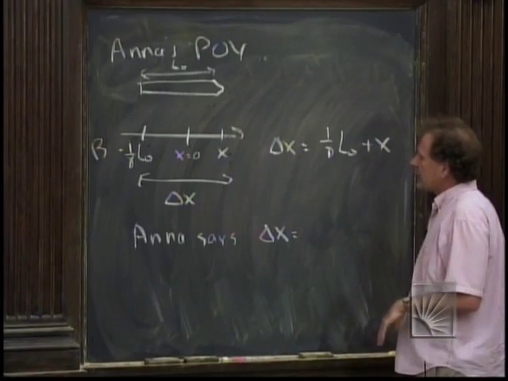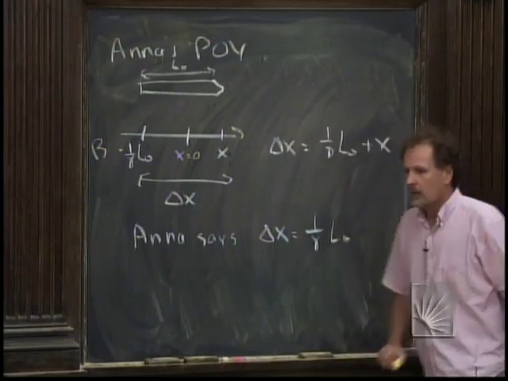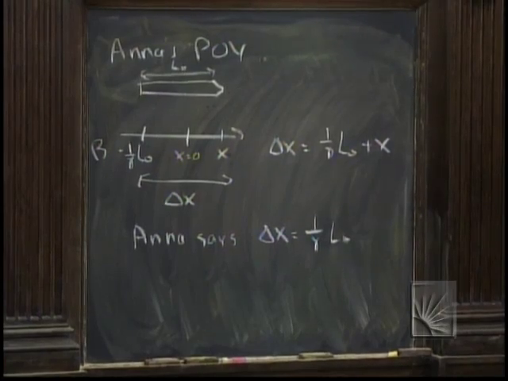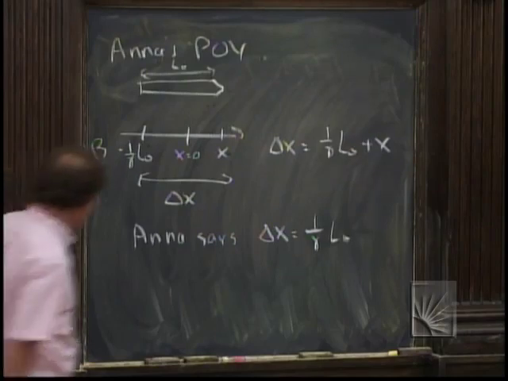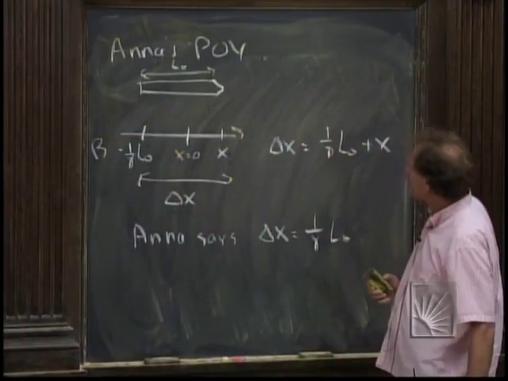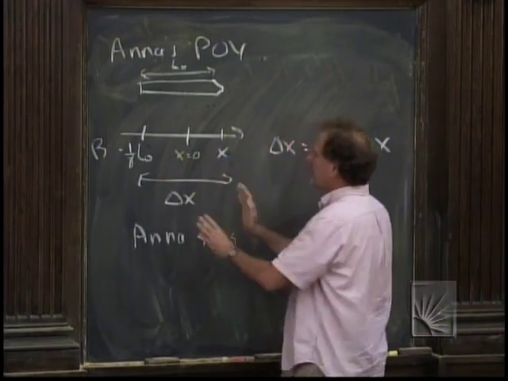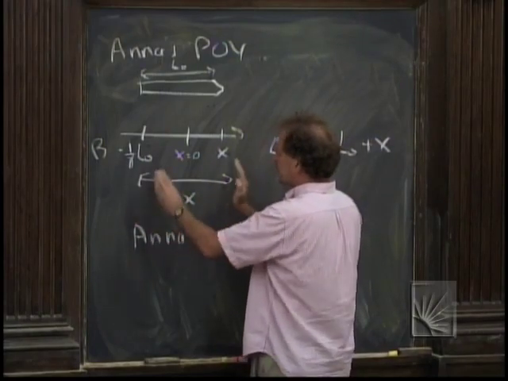She says that delta x lines up with the contracted length, 1 over gamma L0. Sorry, darn it, I said that backwards. I got to be careful. Anna says there's really a length delta x, but it looks contracted.